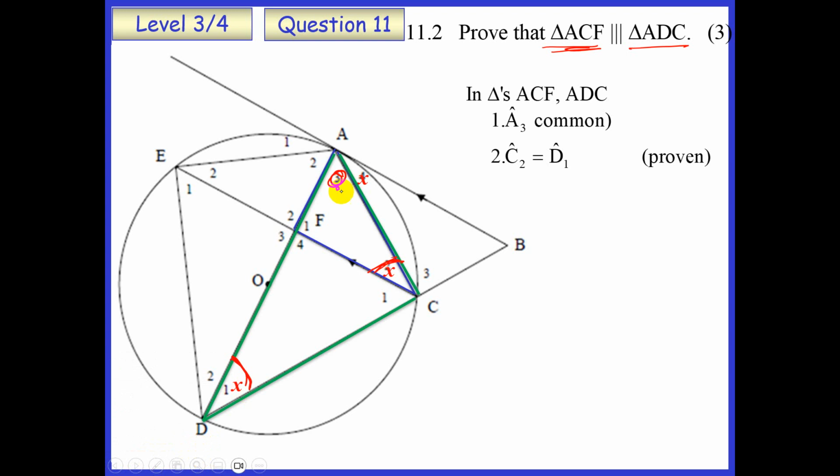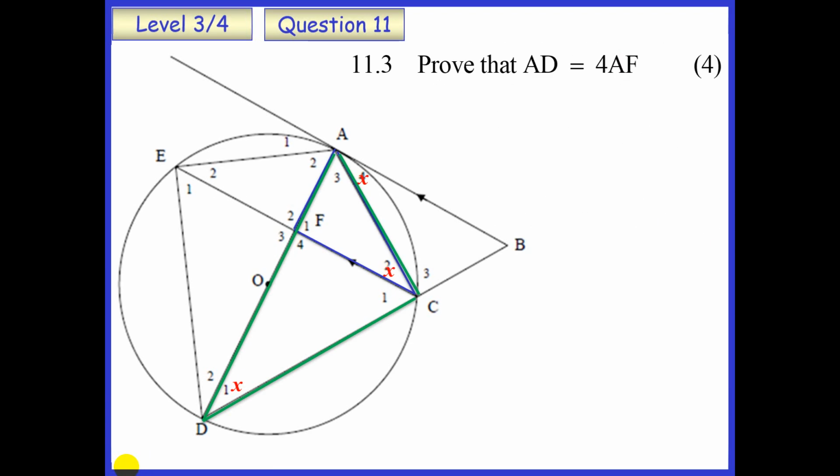In the big triangle, we used A3 and C1, so we haven't used the entire angle C. And in the small triangle, we haven't used F1. So our last concluding statement is that F1 is equal to ACD, or C1 and 2, and that is sum of angles of a triangle. Therefore, these two triangles are similar, and the case is angle, angle, angle.